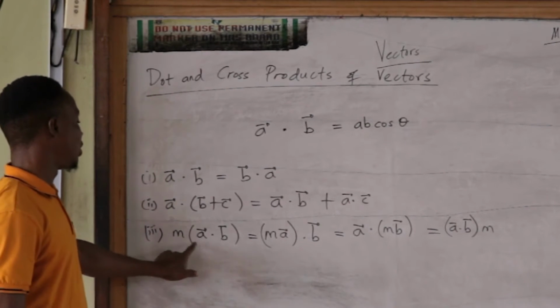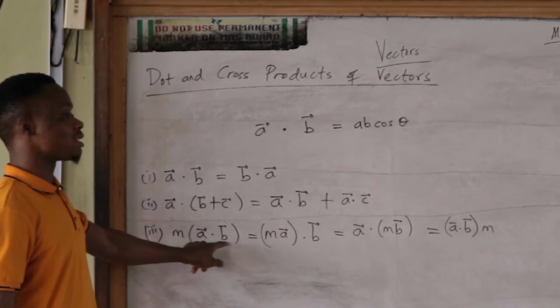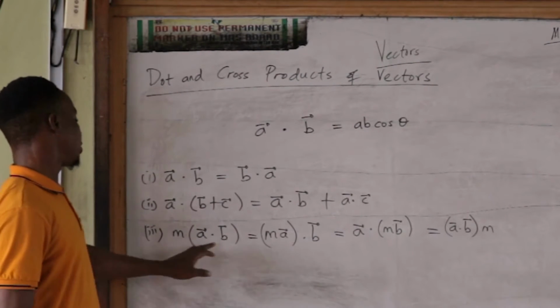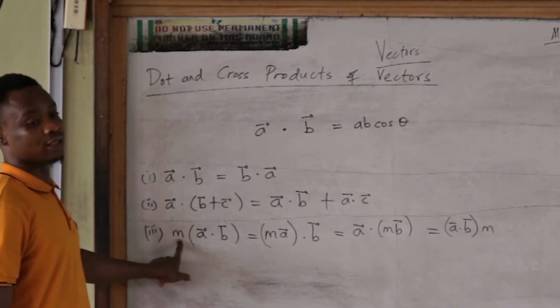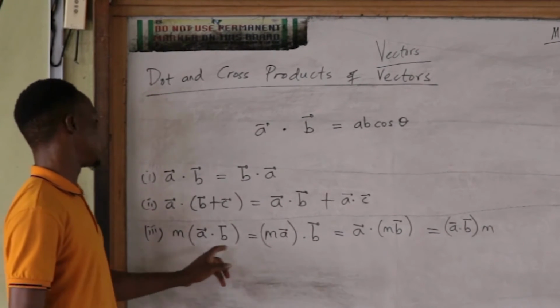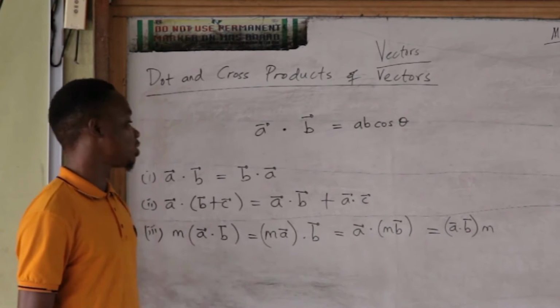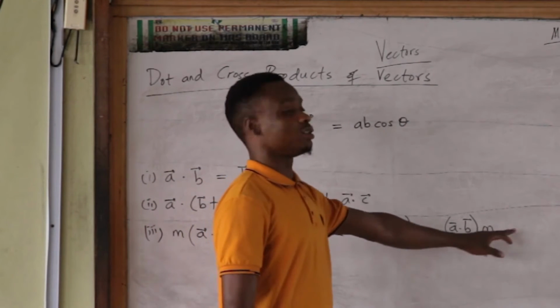You can simply treat this as multiplication. You have a scalar outside, just some number. You can multiply either of them first by M and then carry out the operation, or carry out the operation and multiply your result by M.